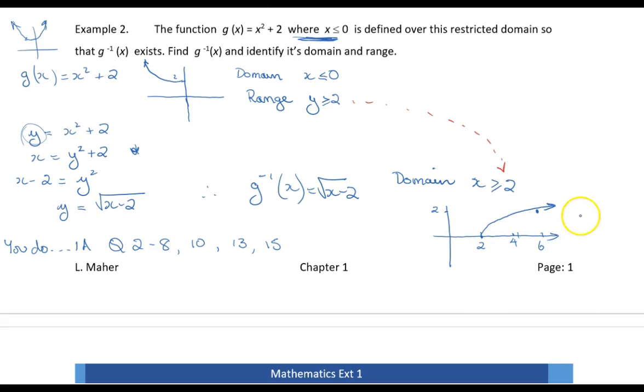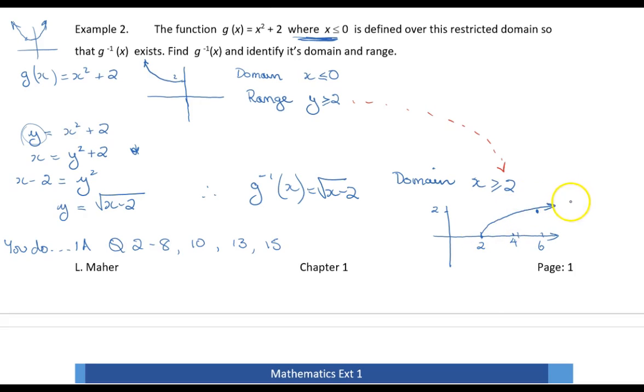I think the next value that's easiest to identify is when x is 6: the square root of 6 minus 2, which is 4, square root of 4 is 2. So when we get to 6, we've got 2. When you put x equal to 4 in there, you get root 2, which is a number between 1 and 2.